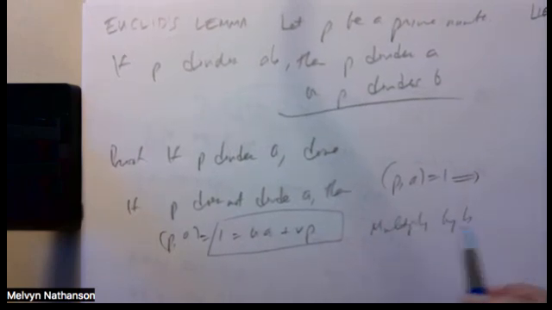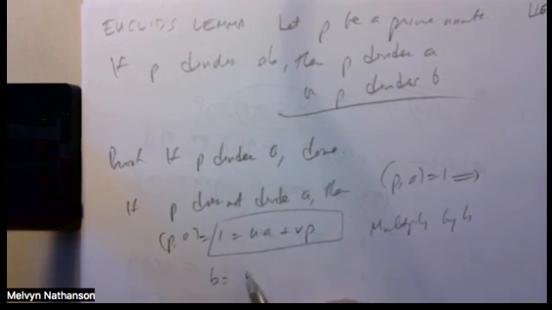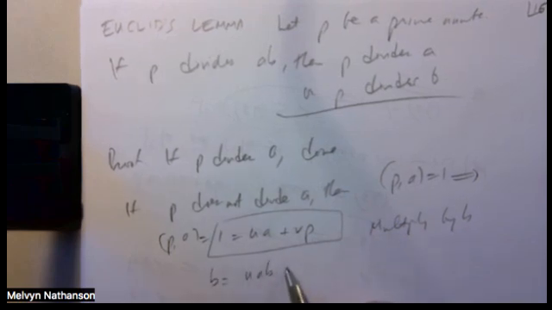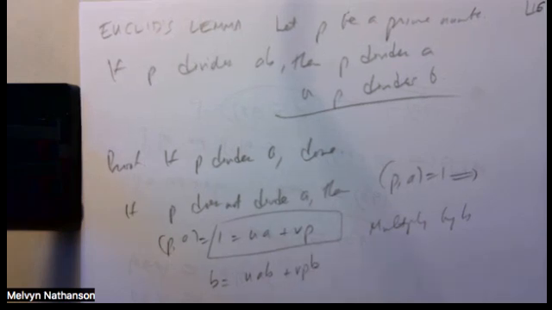Multiply the equation by B. Get B is U times AB plus VPB. And what was our hypothesis? What did we start with?